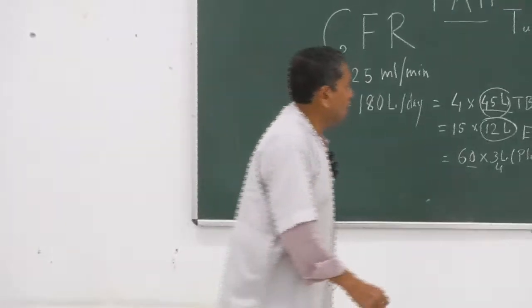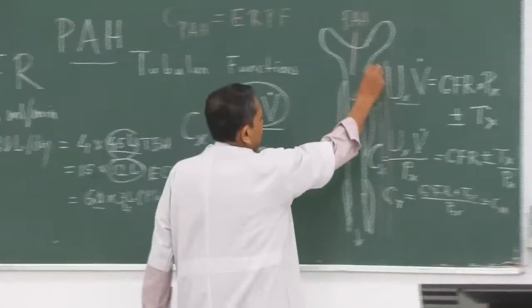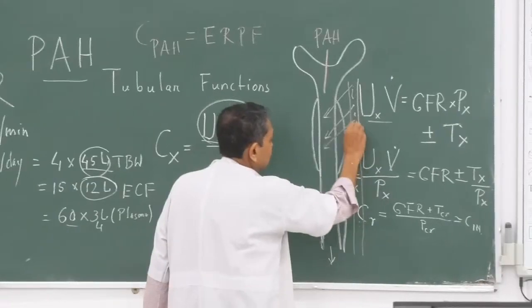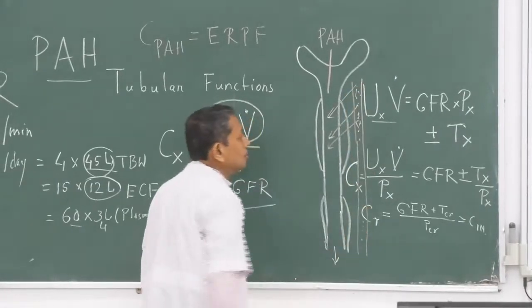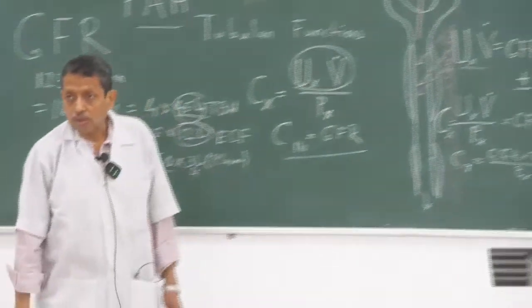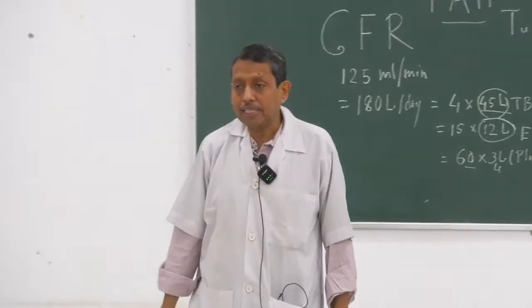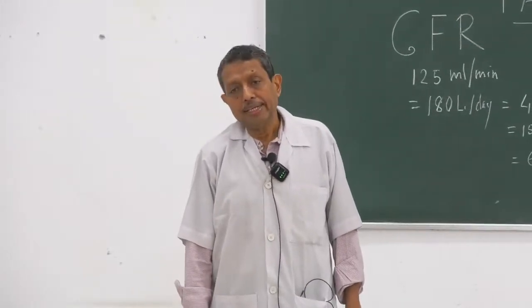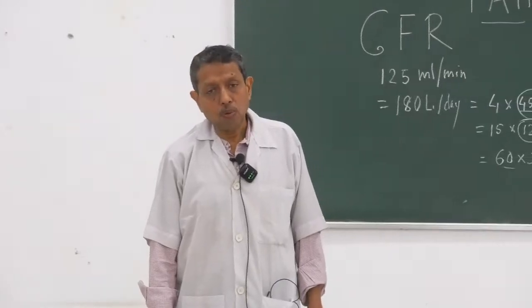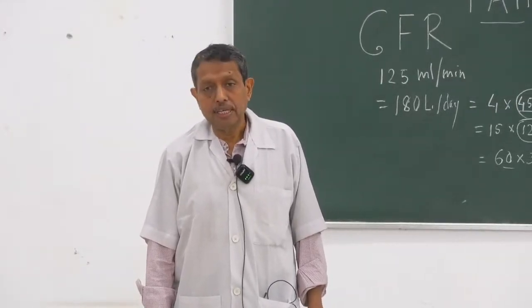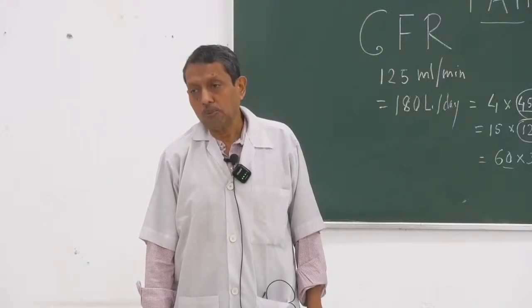So if you divide this value by the extraction ratio, you get the renal plasma flow, and by the knowledge of the hematocrit, you can find out the renal blood flow.